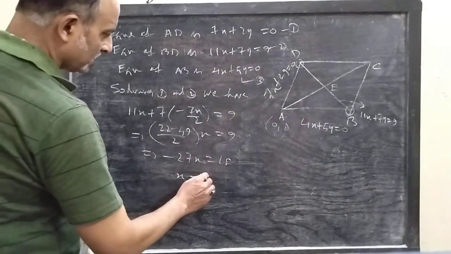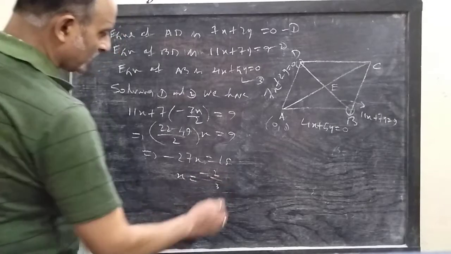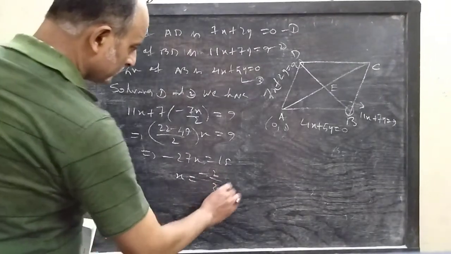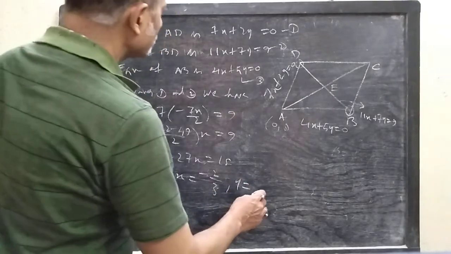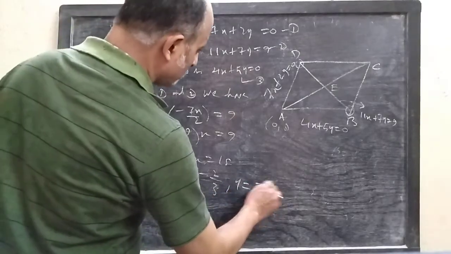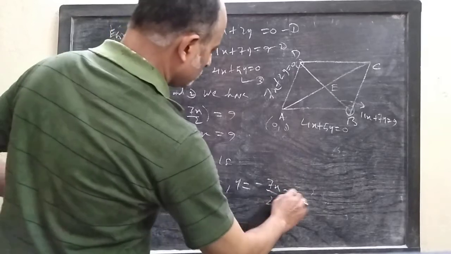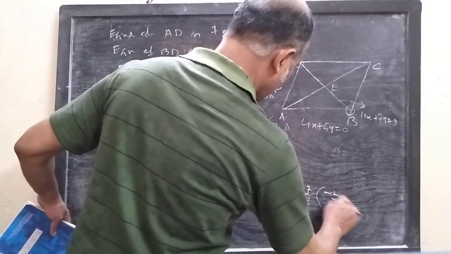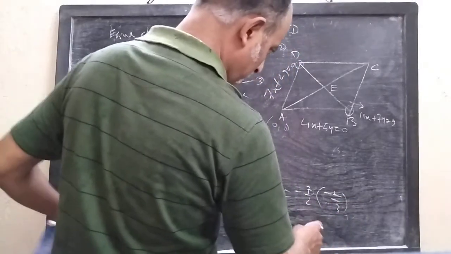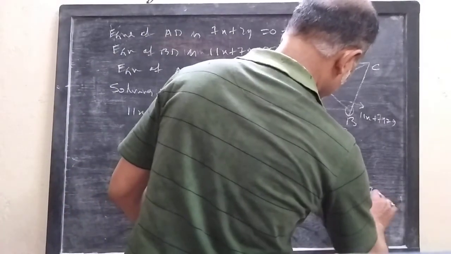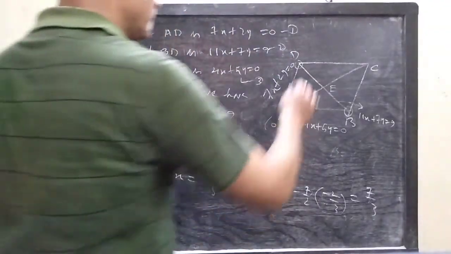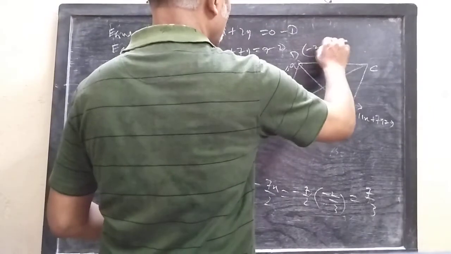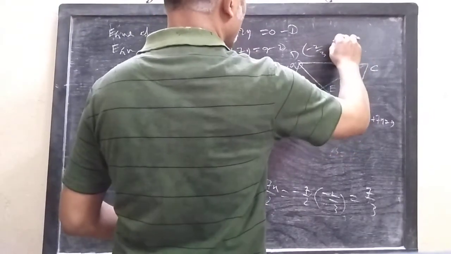So you get x equals minus 2 by 3. If x equals minus 2 by 3, then y is minus 7x by 2, so equals minus 7 by 2 into minus 2 by 3. So this will become 7 by 3. So we get the coordinates of D as minus 2 by 3 comma 7 by 3.